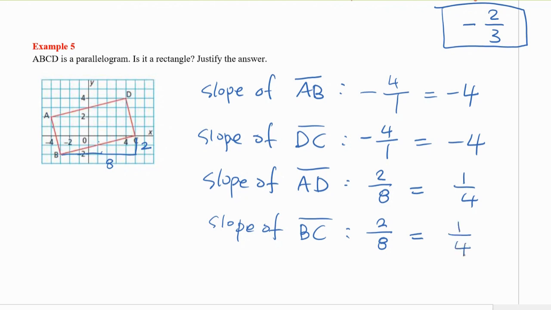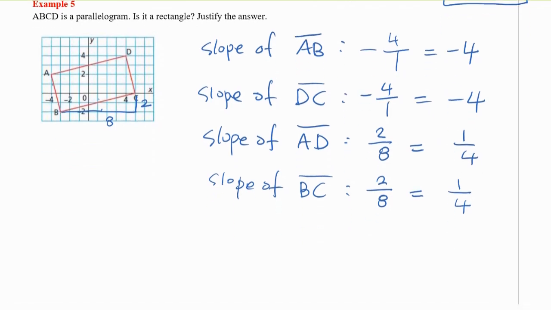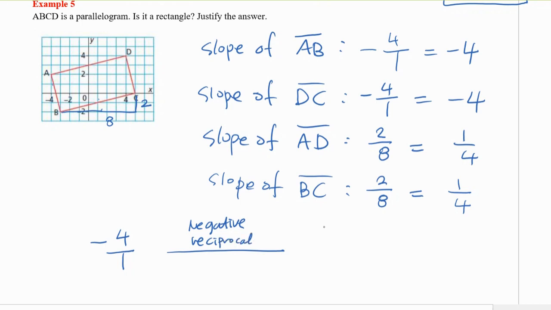Okay, let's compare those 4 slopes. Let's compare negative 4 and positive 1 over 4. Negative 4 is the same as negative 4 over 1. If you find the negative reciprocal, that is 1 over 4 positive. You simply flip the number and take away the negative sign. So 1 over 4 is the negative reciprocal.